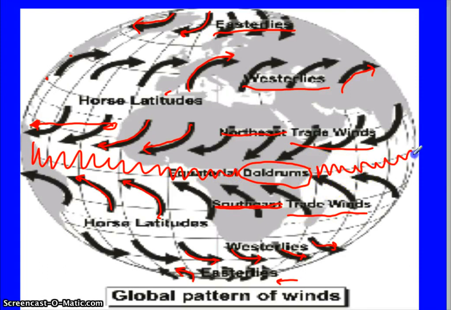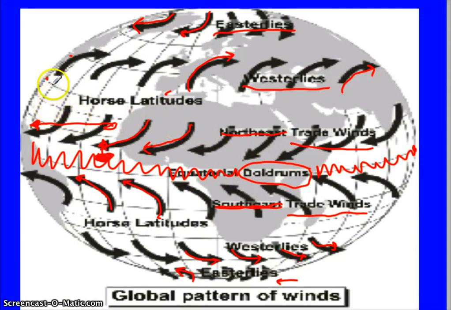Now, the doldrums is an area where you just don't have much wind. And there have been reports of ships that accidentally get caught out in the doldrums, and they just sit there, unless they have some kind of steam power or gasoline power, because if it's wind power, you're not going to get much down here in the doldrums for the most part.